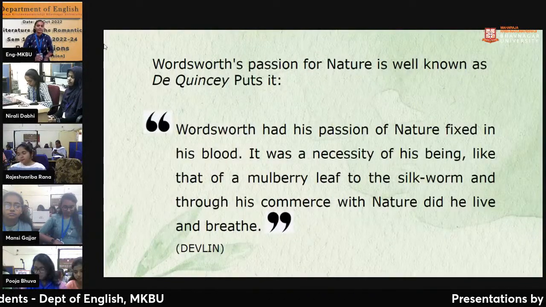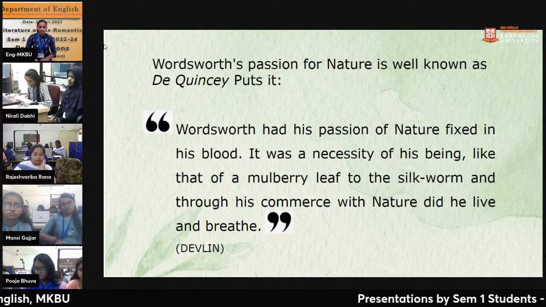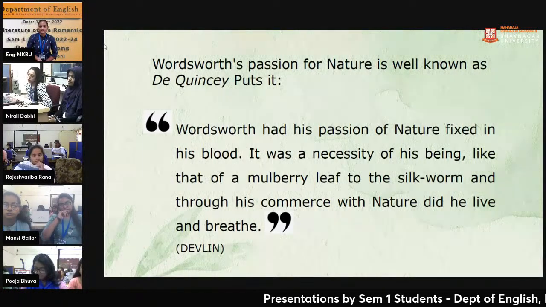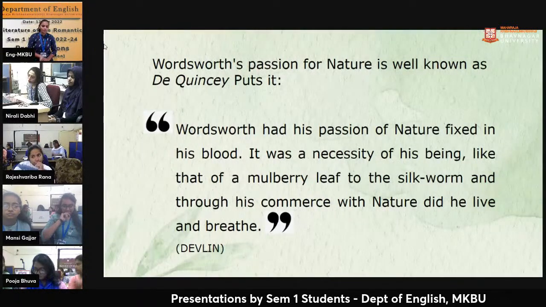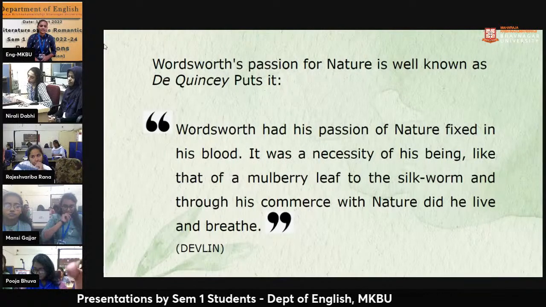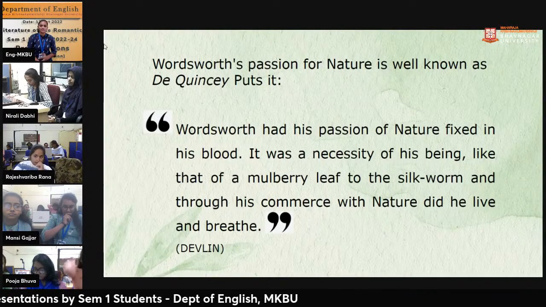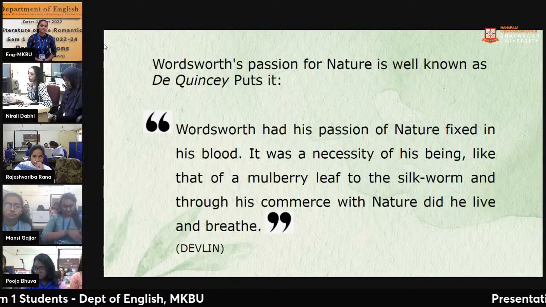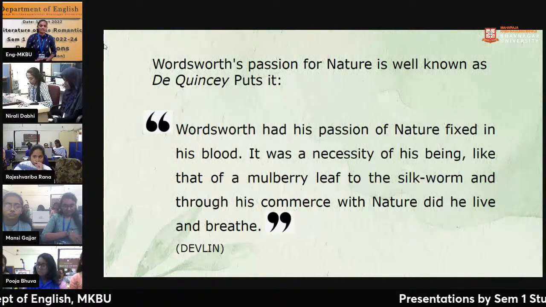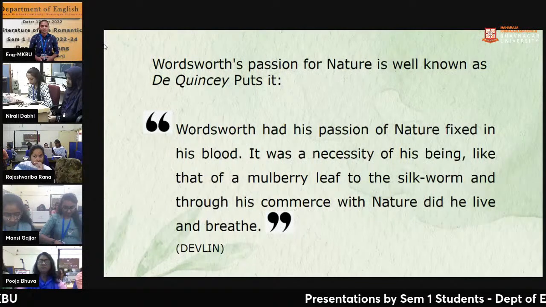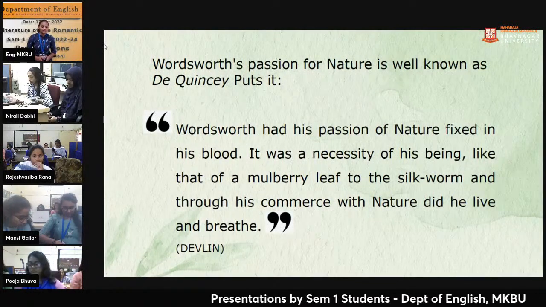Wordsworth wrote this poem when industrialism started. He loved nature too much, and when industrialism came, he thought that industries and the people working in them destroy nature.